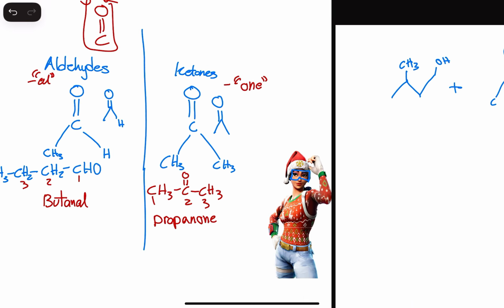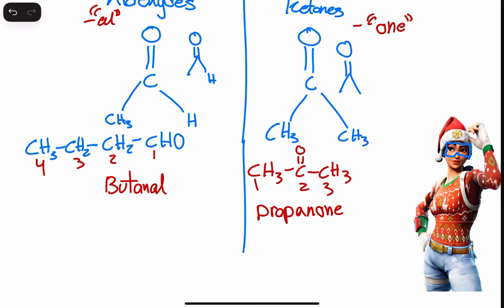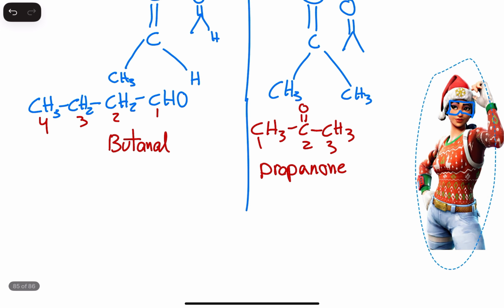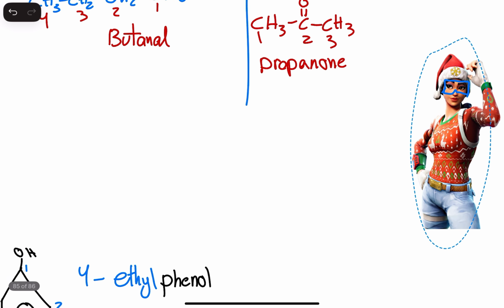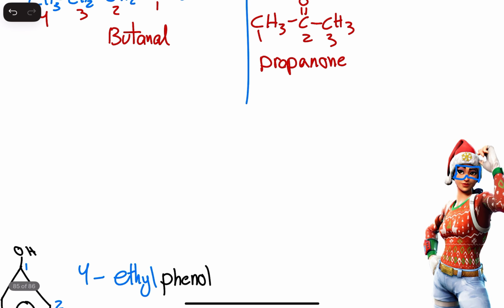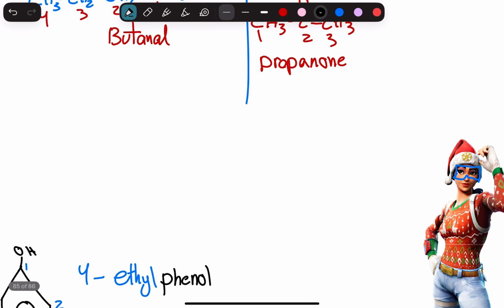So let's put this together into something a little more complicated. Let's say we have something like this. Make that a little smaller. And then we have that double bond here.